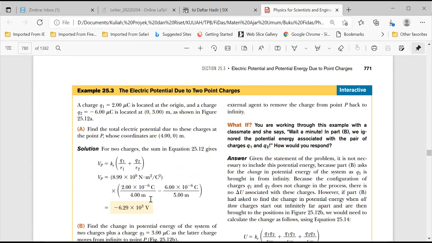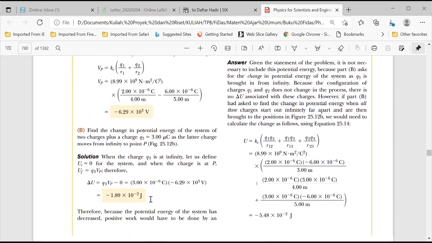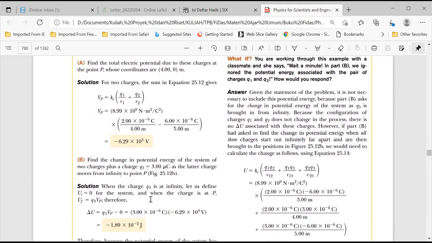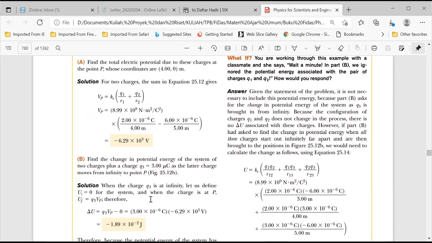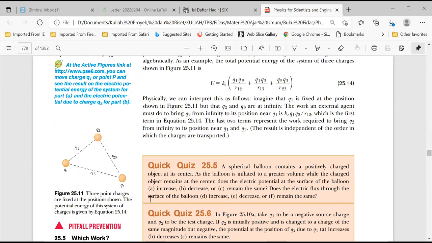So the difference between this question, what if, and question B is that in question B the charges Q1 and Q2 did the work for moving the third charge from infinity to point P. But in the what if question, the third charge is already together like this.